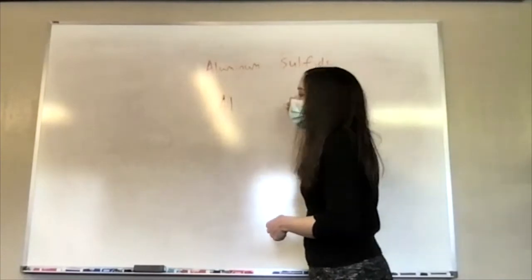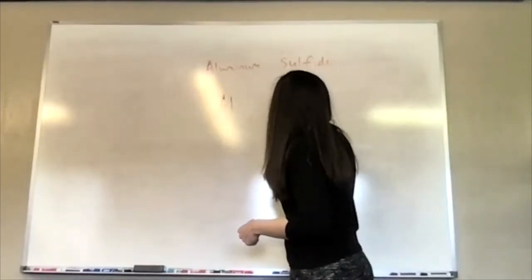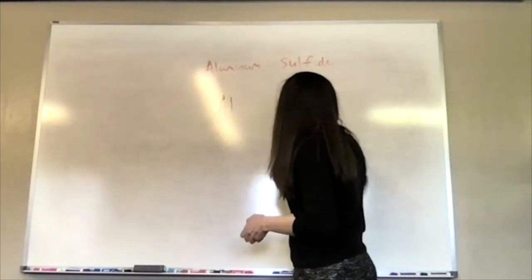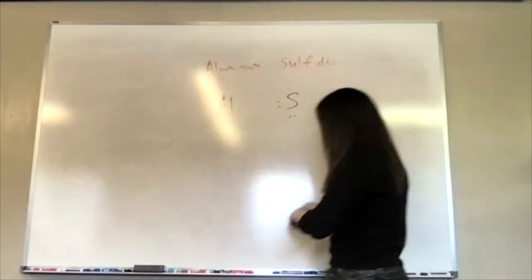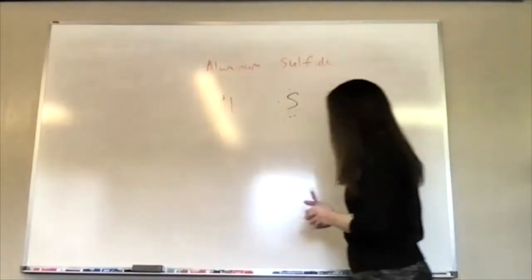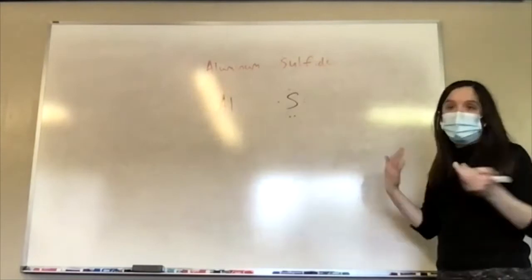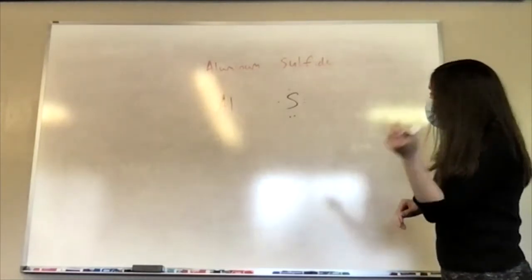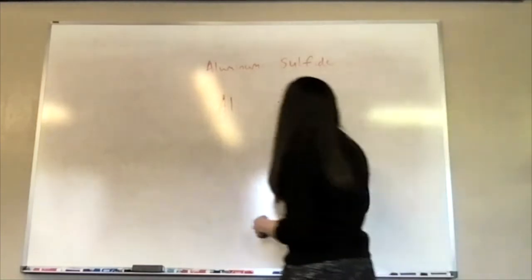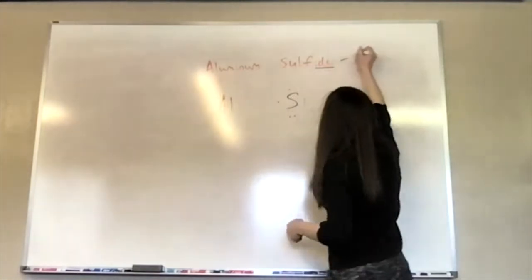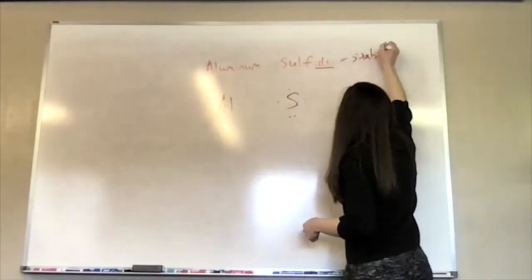Sulfur, 6, good. Actually, sorry, that's too many. Okay, so what would happen here? Oh yeah, that's good, I forgot to bring it up. If you see an IDE at the end, it's a stabilized form of a nonmetal.